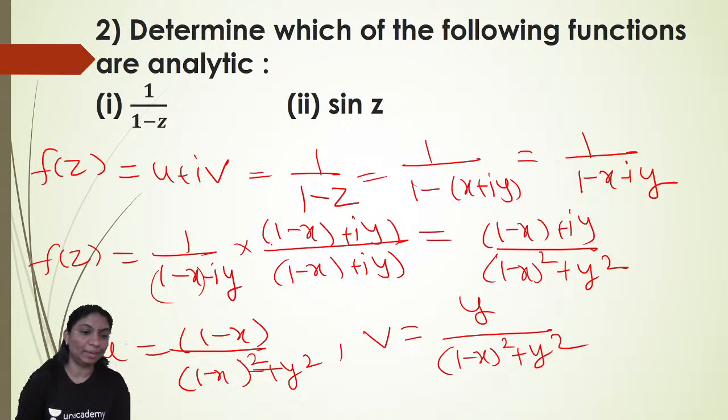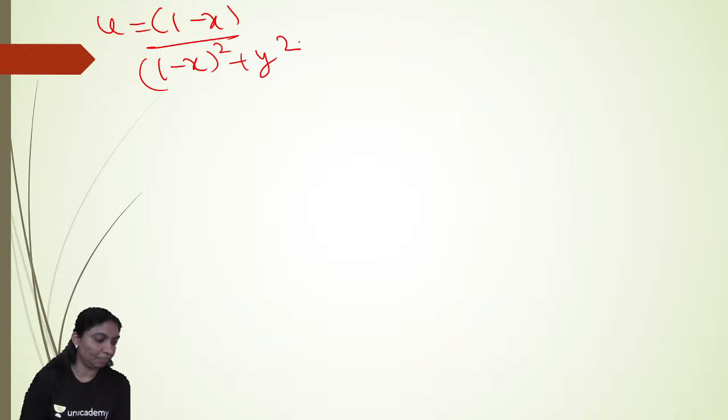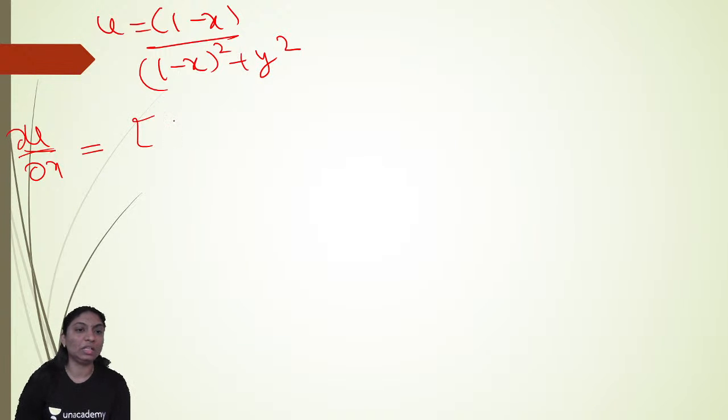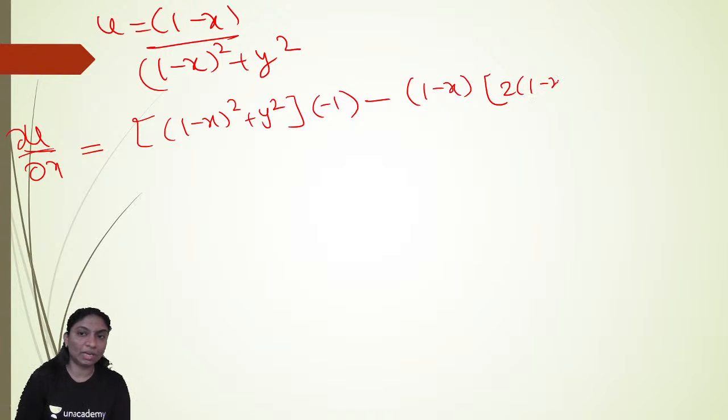So calculating ∂u/∂x, ∂u/∂y. Here u is equal to (1 minus x) upon (1 minus x) whole square plus y square, right? So you will get u_x, or ∂u/∂x, is equal to, now v du minus u dv: (1 minus x) whole square plus y square into derivative of this 1 minus x with respect to x, which is minus 1, minus (1 minus x) into derivative of this, so 2 into (1 minus x) into minus 1 plus 0.